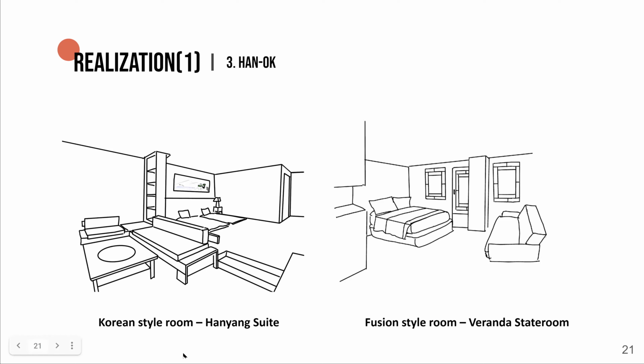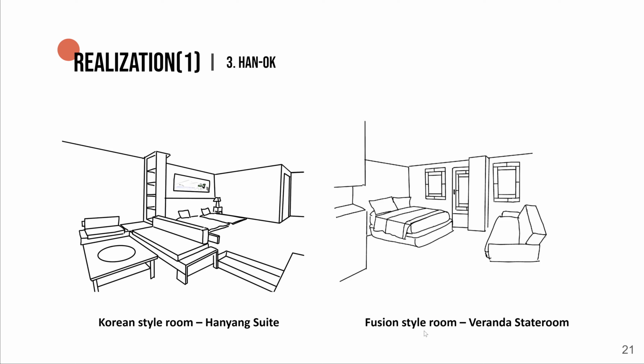So for example, the Hanyang suite of our ship will be a Korean style room, but we don't want to exclude customers who are not interested in the Korean style room, and for them we propose a fusion style room, which takes some elements of the Hanok style and Korean style rooms, and fuses it with a Western style room.